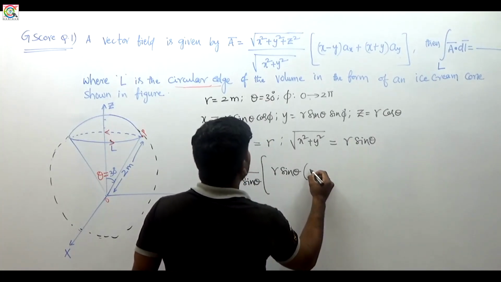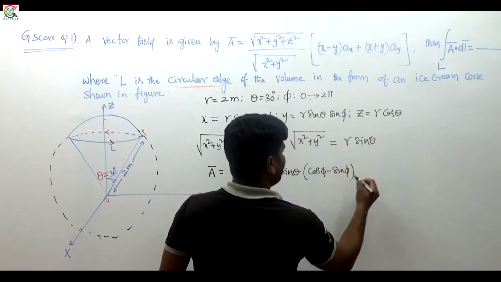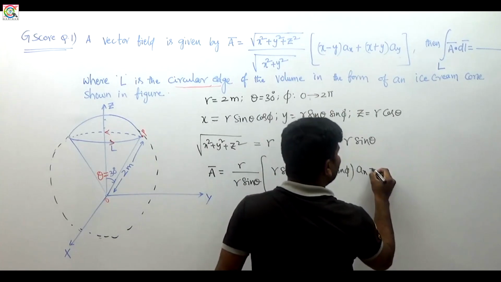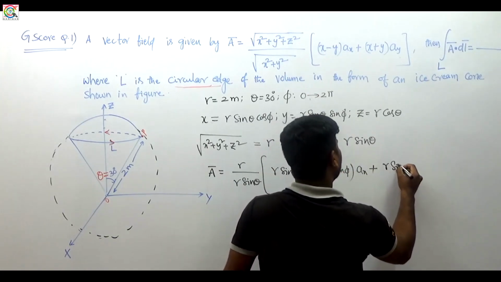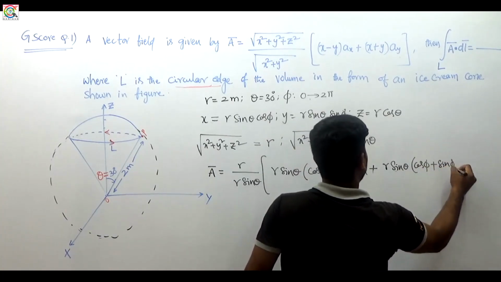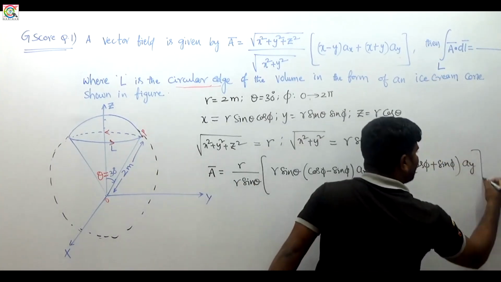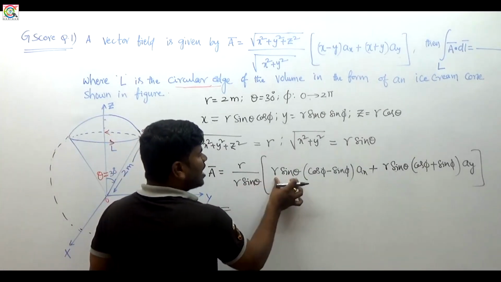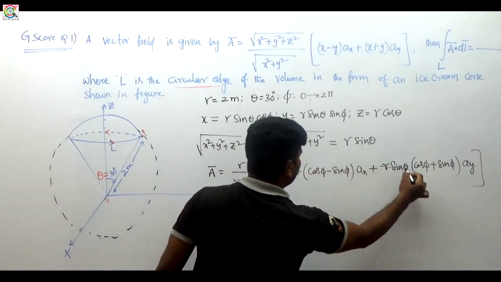So you get r sin theta (cos phi minus sin phi) into ax, plus r sin theta (cos phi plus sin phi) into ay, right? Now r sin theta is there in both places, so you can cancel it.